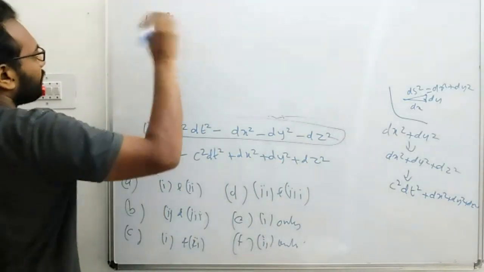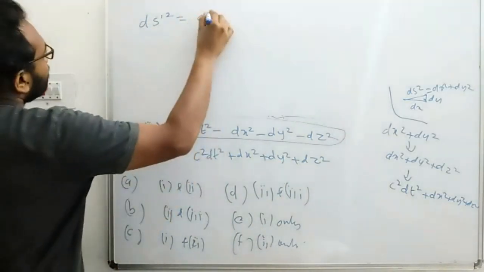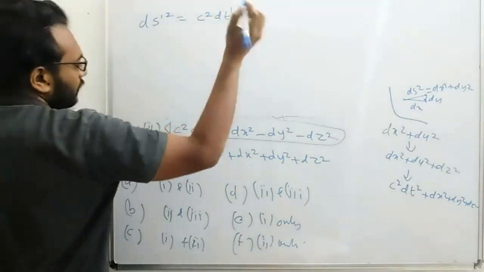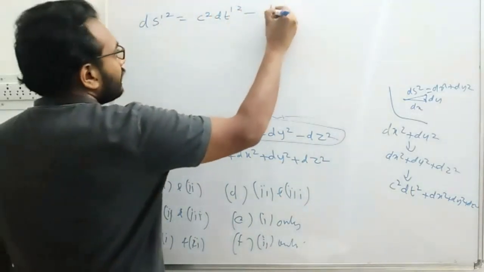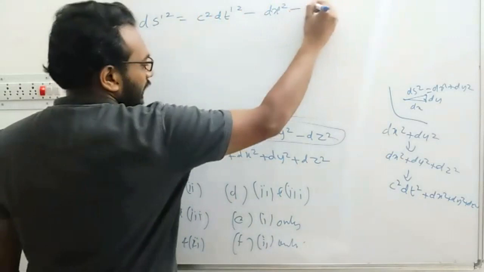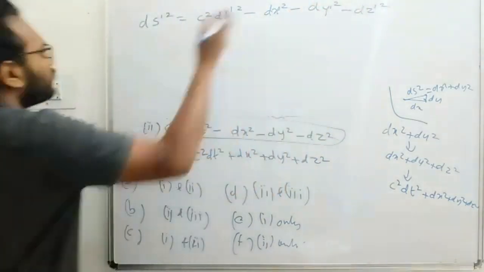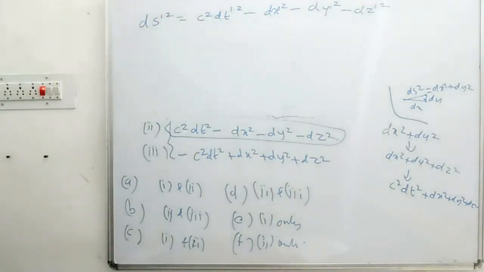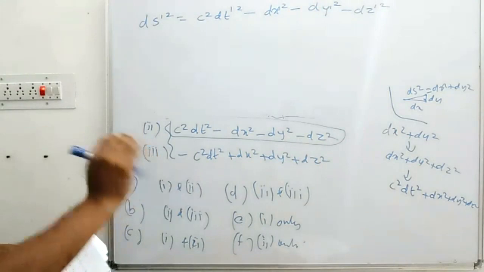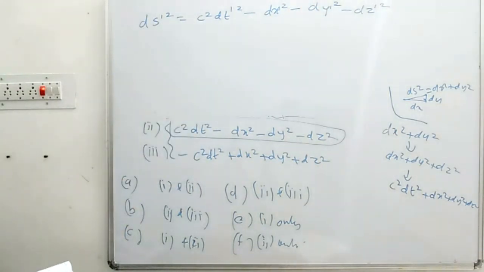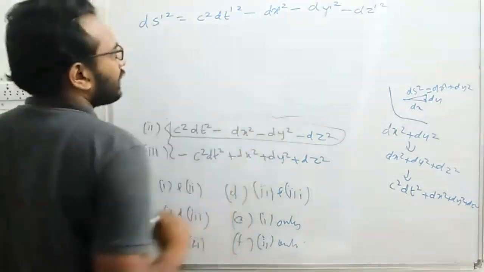Let's say ds prime square is equal to c square dt prime square minus dx prime square minus dy prime square minus dz prime square. Now you apply the Lorentz transformations for dt prime, dx prime, dy prime and dz prime. Again, we assume that it's moving along the x-axis. So dy prime and dz prime do not change.